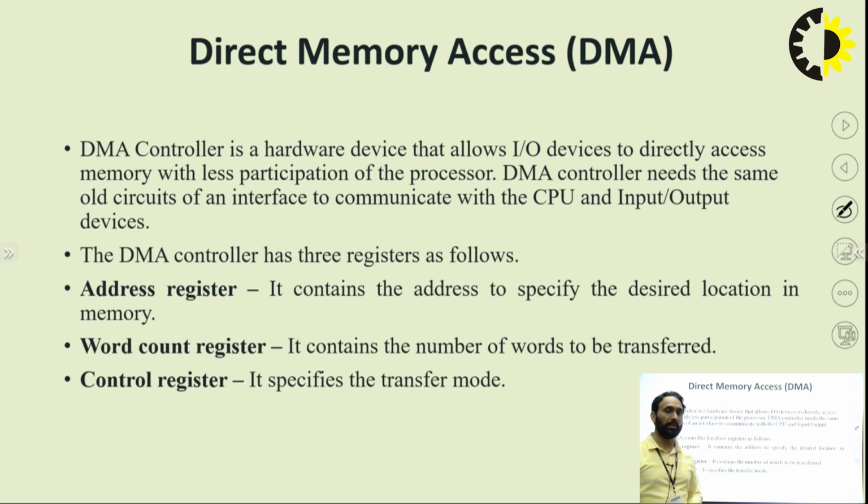Most of the time, operations are executed between the memory and the IO devices. IO devices, here input-output devices, may be a keyboard, mouse, printer or whatever is required. A scanner is also an input device, with the help of which we scan a barcode and the output is reflected on the screen.